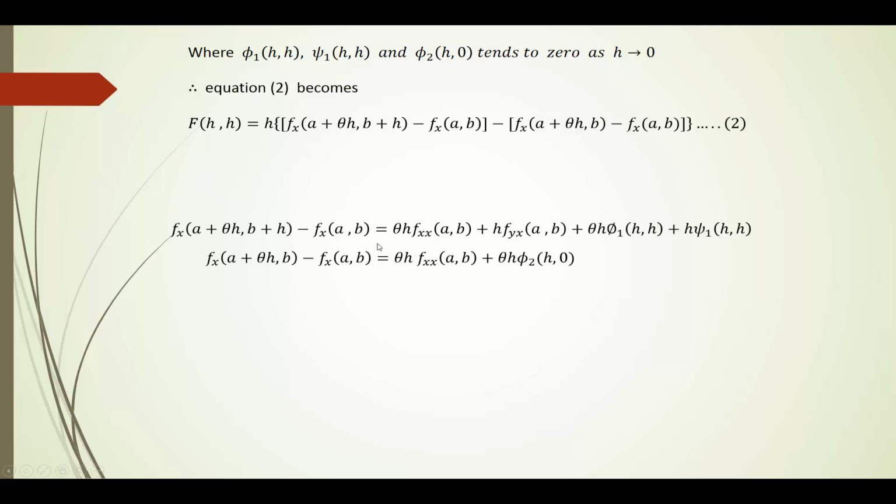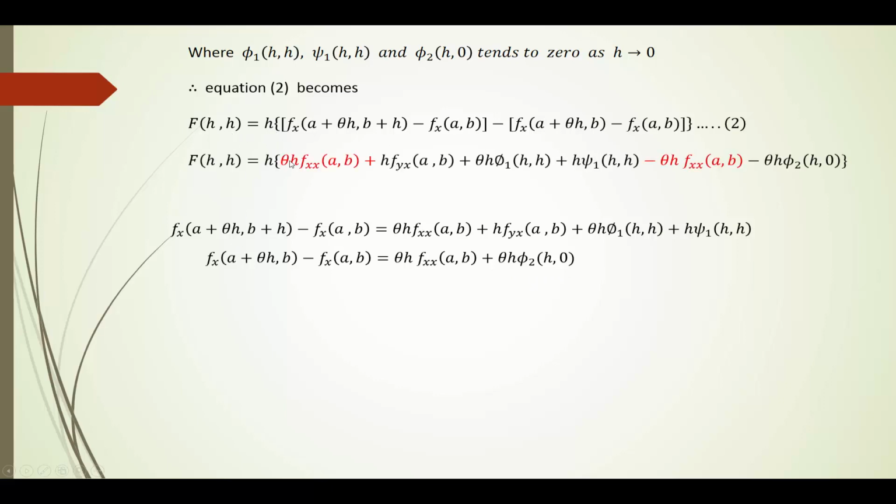This first bracket equal to theta h f_xx(a, b) plus h into f_yx(a, b) plus theta h phi_1(h) plus h into psi_1(h), and value of this second bracket f_x(a + theta h, b) minus f_x(a, b) equal to theta h f_xx(a, b) plus theta h phi_2(h, 0). Put this value here.